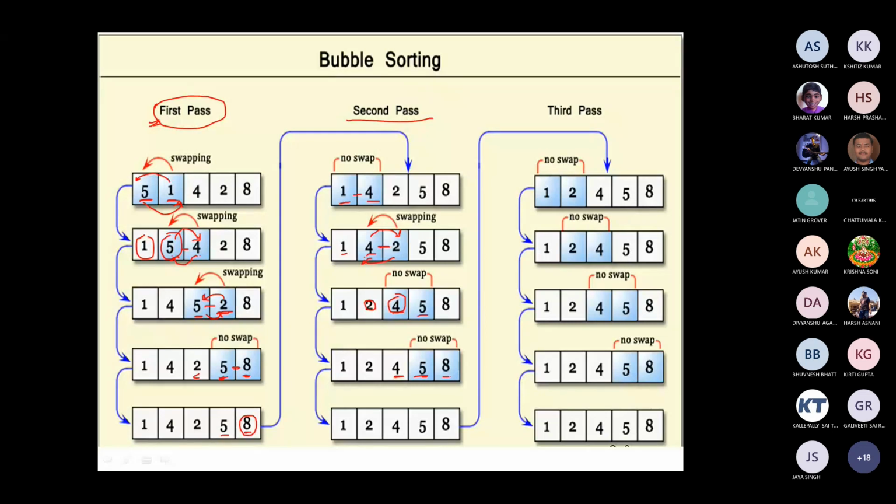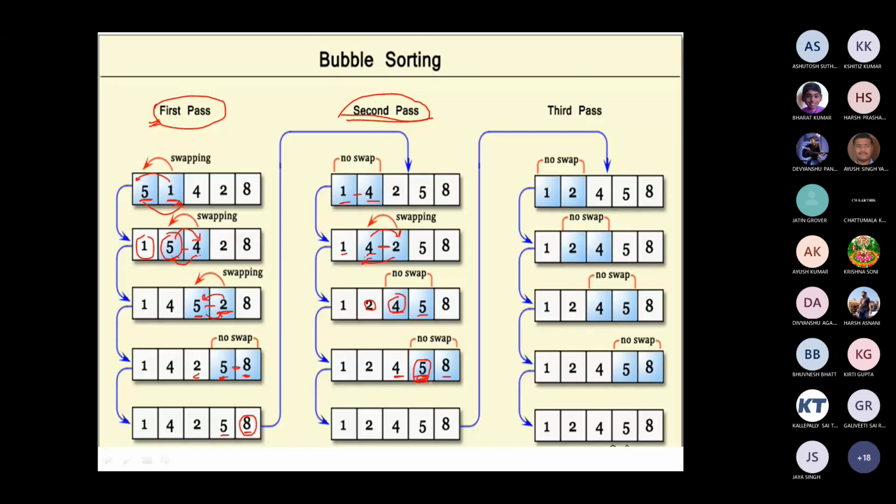So after the second pass, the second largest value will be in its position. Already 5 came after the first pass, but that does not always happen.